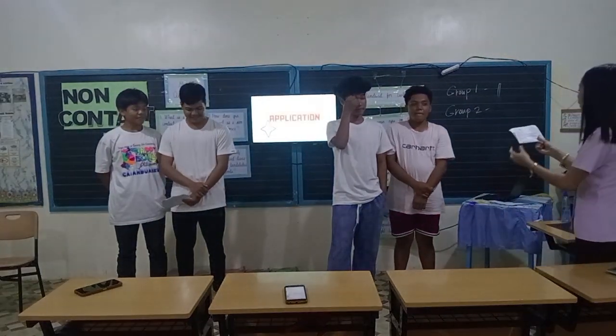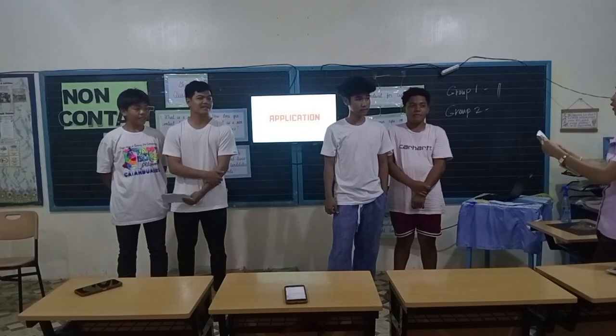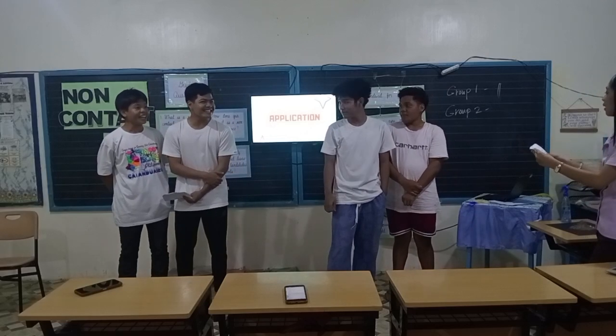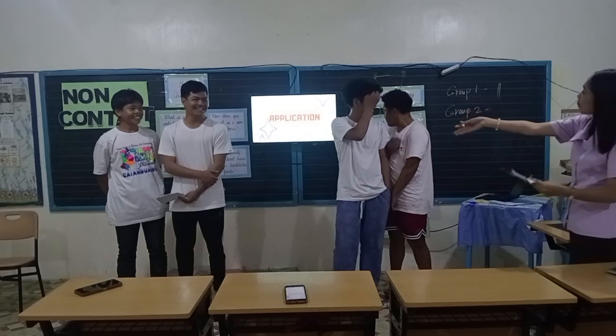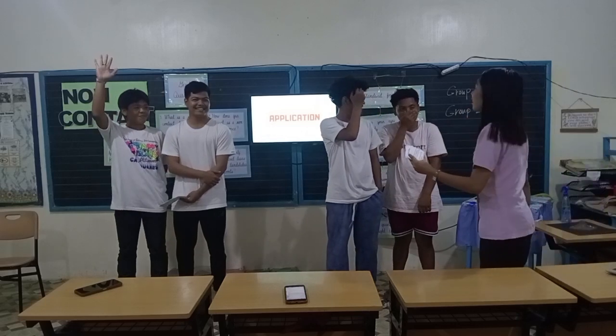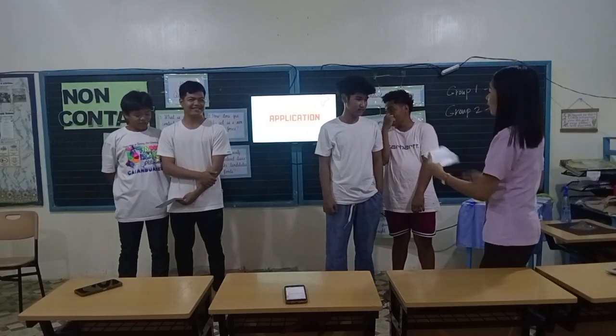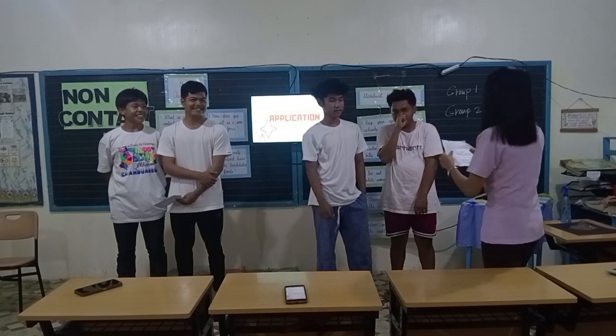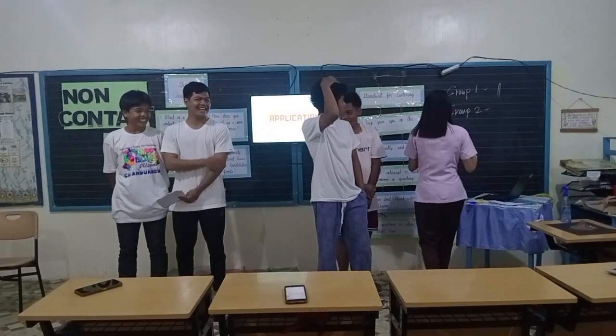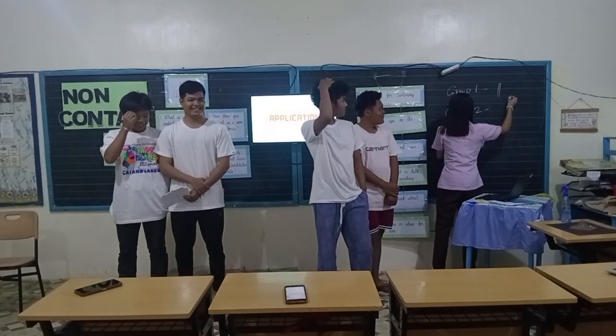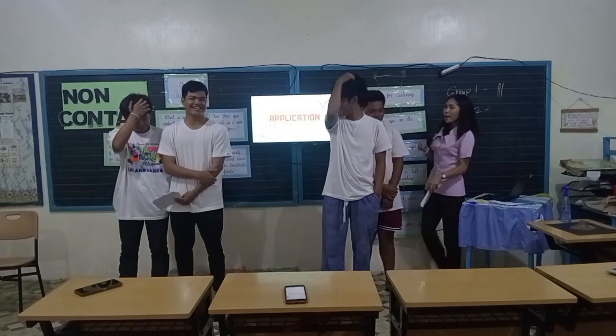Number 3. What causes raindrops to fall from the clouds? Group 1 again. Ma'am, gravity pulls them down towards the earth. Very good. Gravity pulls them towards the earth. What happened to you, group 2?